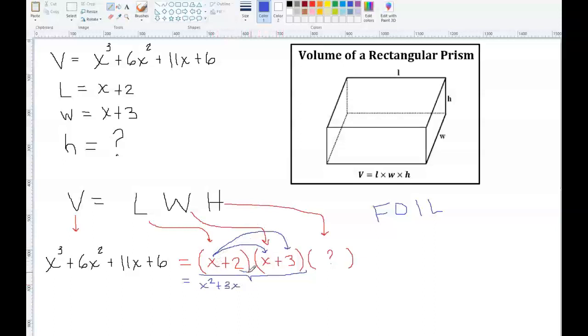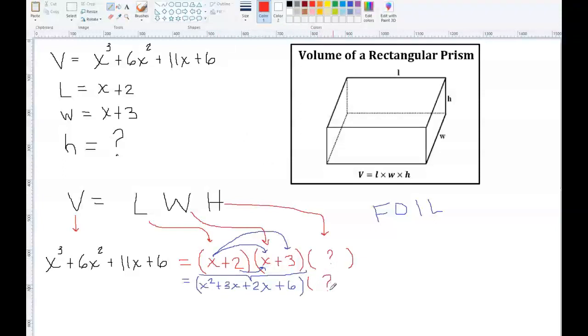Now I'm going to multiply 2. 2 times the x, I get plus 2x. And then I'm going to multiply positive 2 times positive 3, I get positive 6. So what I have here in blue is the answer multiplying these two parentheses in red. However, I'm going to keep a parenthesis because this answer I had to multiply by something else, which I don't know yet.